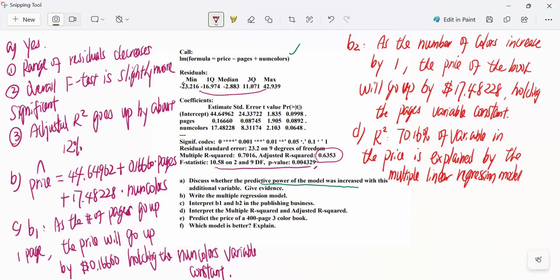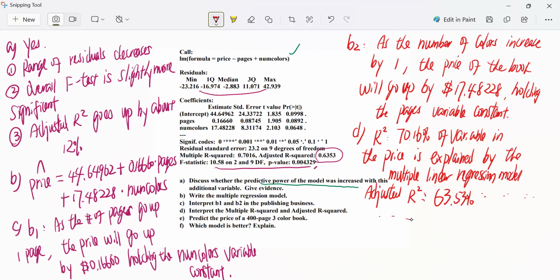Also, there's the adjusted R square. So that's 63.53% of the variations.